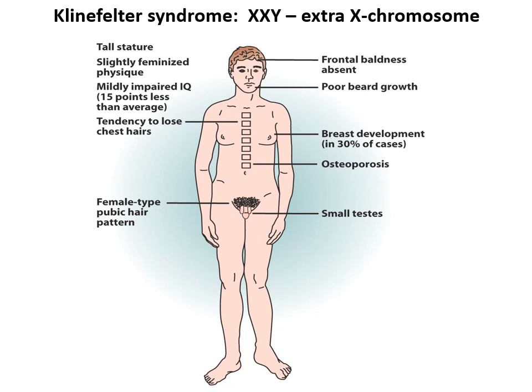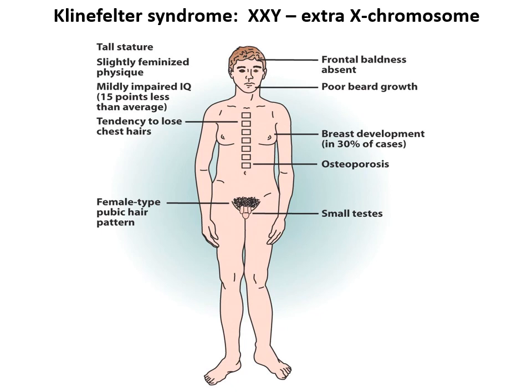Decreased beard growth, so decreased facial hair. Again, because they have some feminization from the extra X chromosome. Some breast development, small testicles, female pattern pubic hair, potential for some gynecomastia, some breast enlargement, okay? Lack of chest hair.